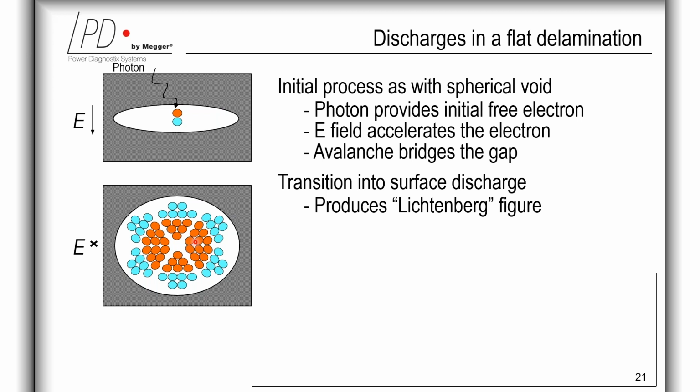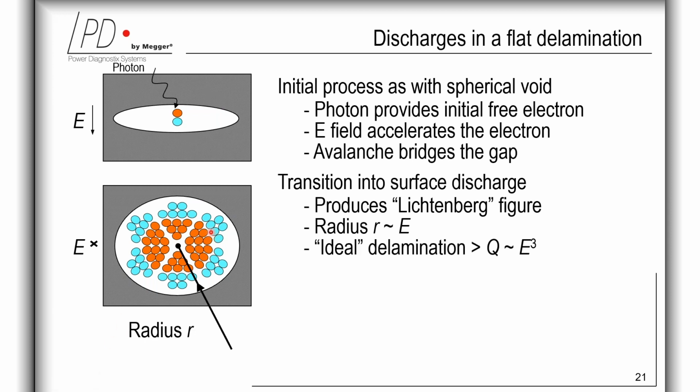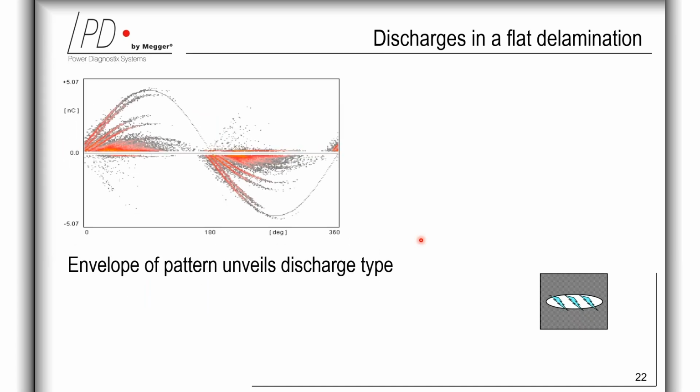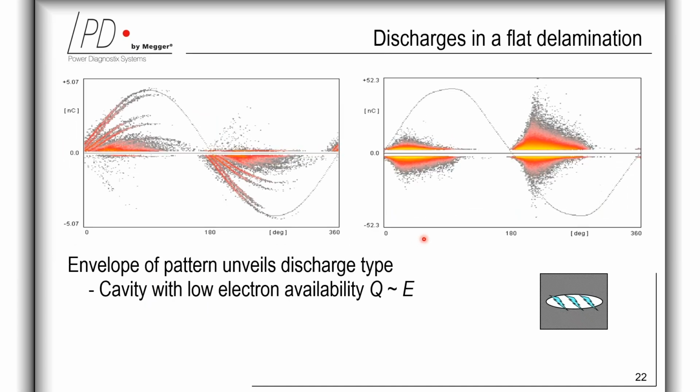However, this discharge causes a surface discharge on the landing surface, and the radius of the area covered by this so-called Lichtenberg figure on a dielectric surface is proportional to the local electric field at the start of the electron avalanche. So as found with the void discharge process already, the time lag to get a starting electron results in a correlation with the local electric field.